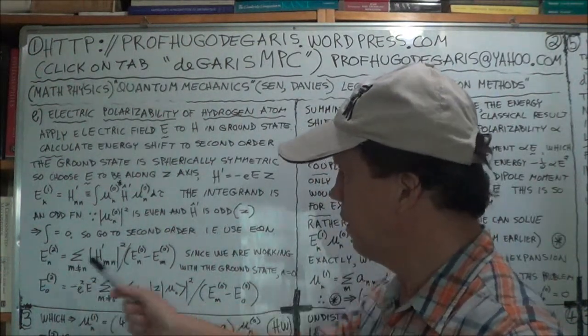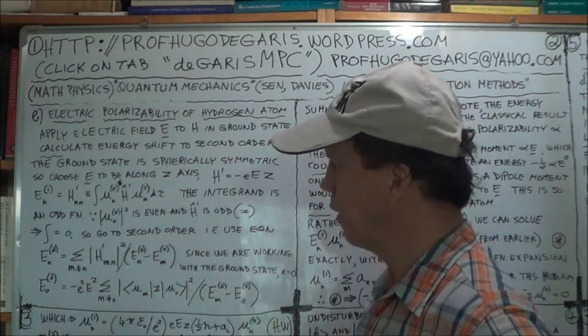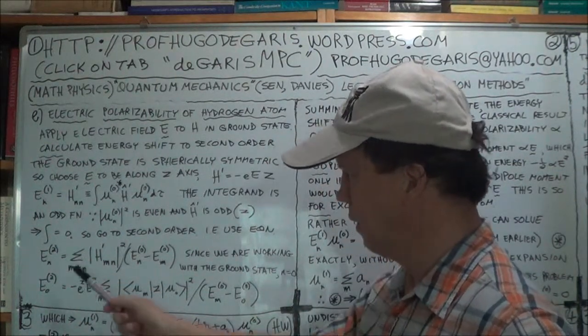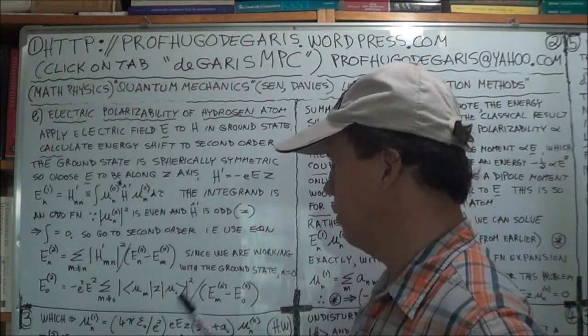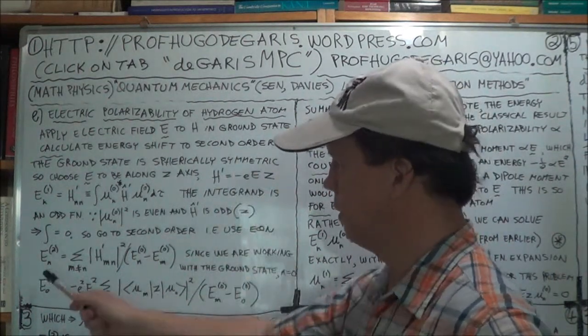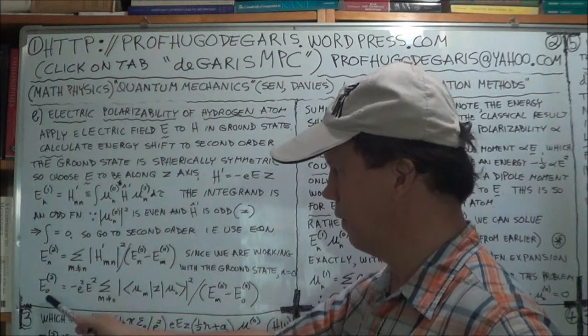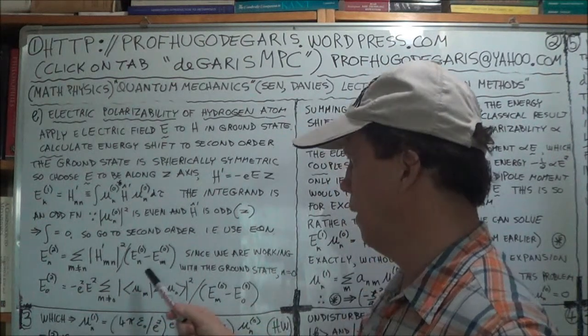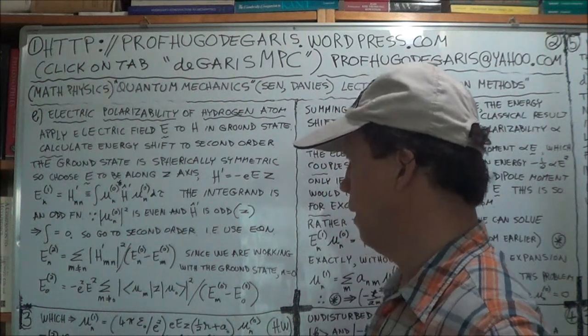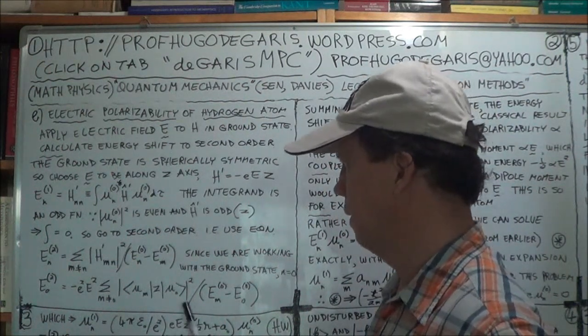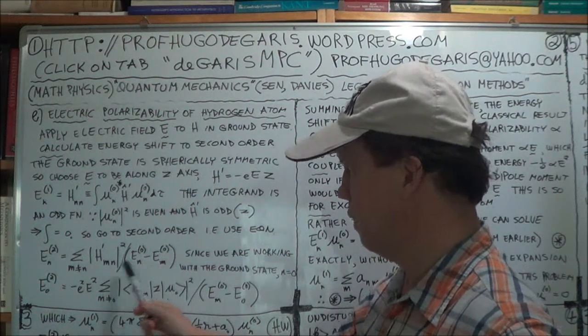Okay, so to find the second order correction, E2, we've had this formula before. Now we're talking about the ground state, so your n will be 0. So E0, and the n here will be 0.